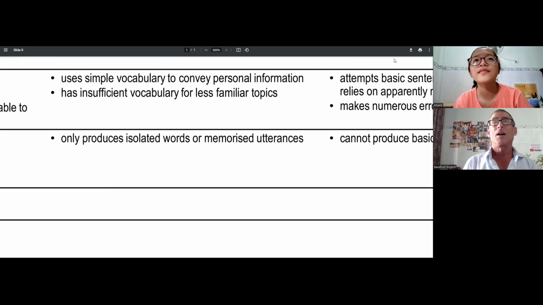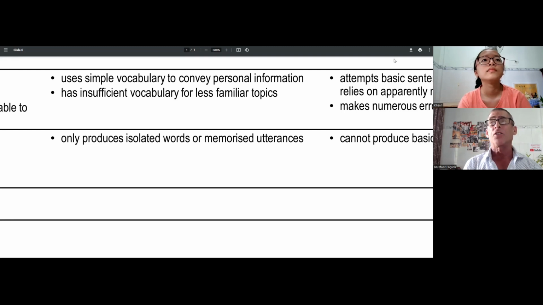Memorized utterances. Let's try that again. Utterances. Good. And that double T sounds a little bit like a D in American English. And we're going to learn about why that is and why we use that D sound often for T's.